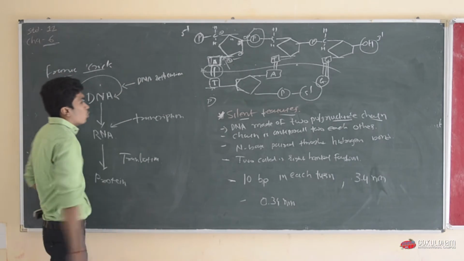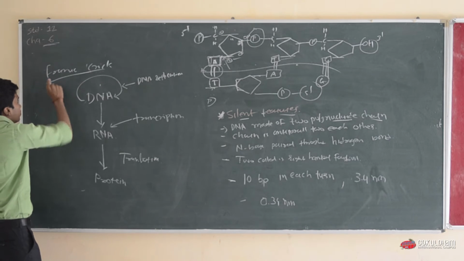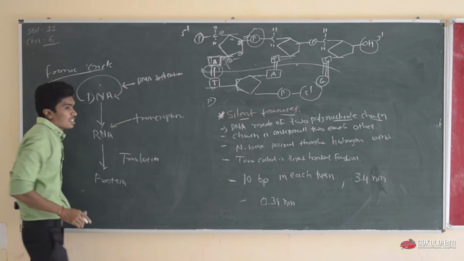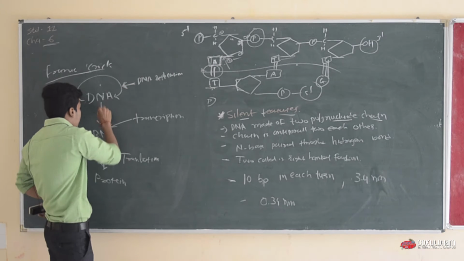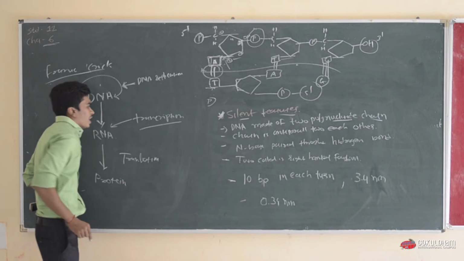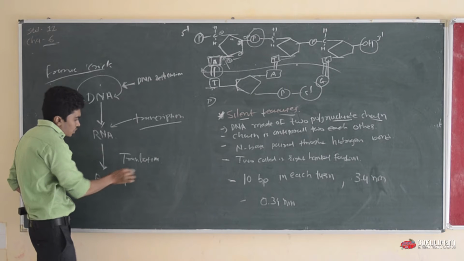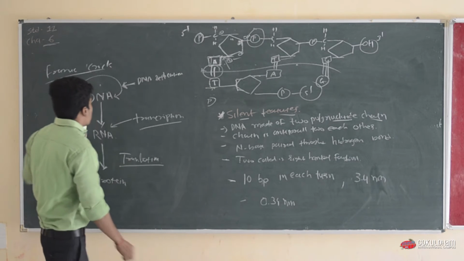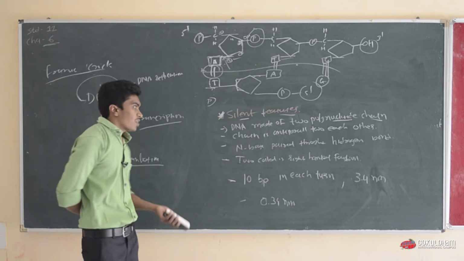From the central dogma of molecular biology, one MCQ must come: what is replication? If DNA makes copies of itself, it is known as DNA replication. If DNA makes RNA, the process is known as transcription. And if RNA makes protein, the process is known as translation. We will discuss these processes in detail in later classes.